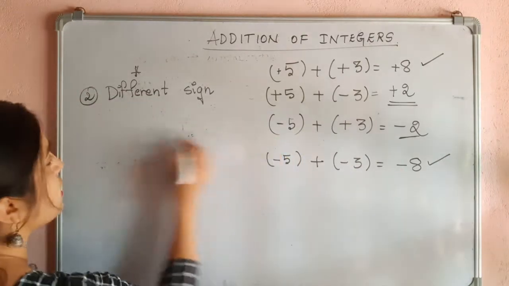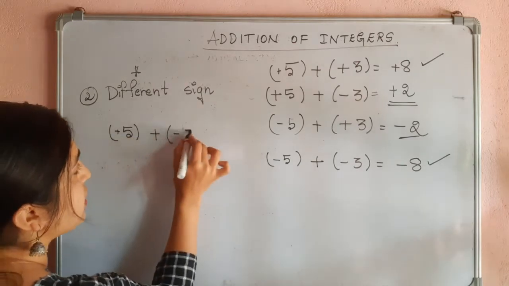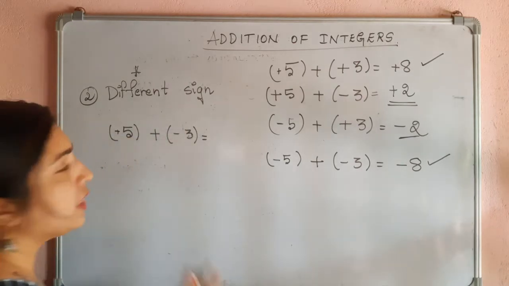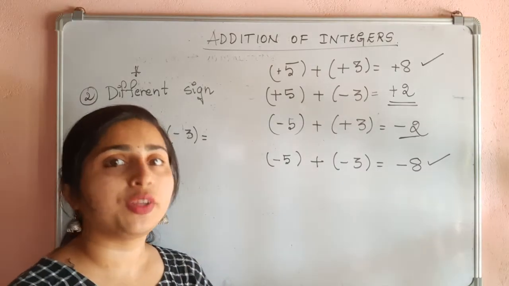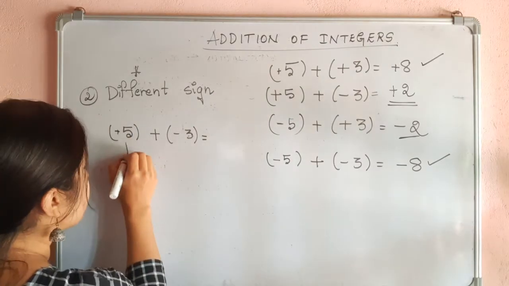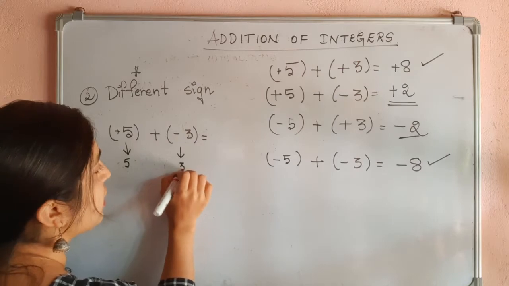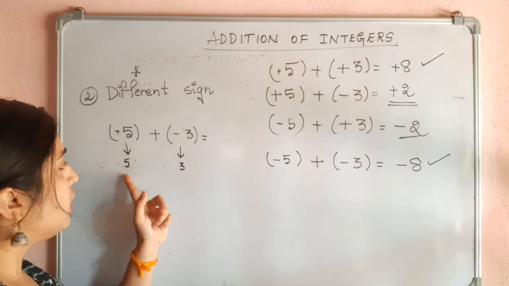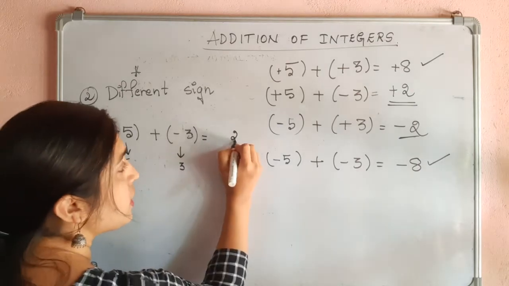See here, plus 5 plus minus 3. In this case, when they have different signs, you have to take the difference of the absolute values first. The absolute value of this is 5, the absolute value of minus 3 is 3. So the difference of these two is 2, right? 5 minus 3 is 2.